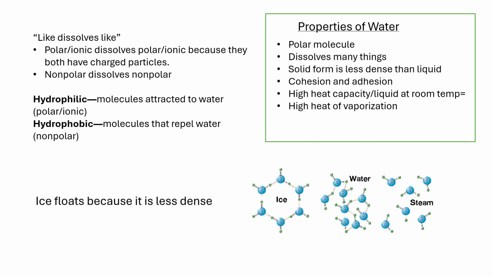Lakes freeze top first, which allows aquatic life to survive at the bottom and become insulated from the cold. Look at the graph. You can see when water is a liquid, those molecules can all get closer together, kind of intertwine. When it's ice, those hydrogen bonds become more rigid and there's more space between them, so it becomes less dense.